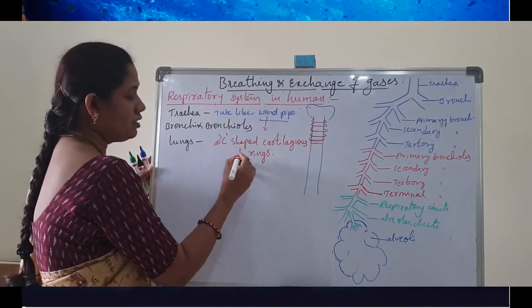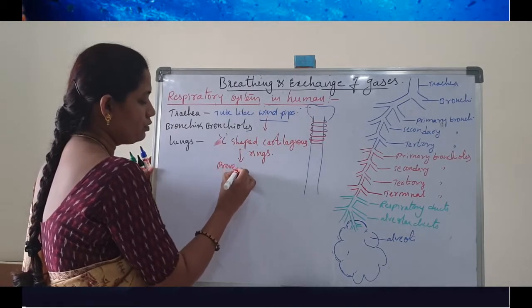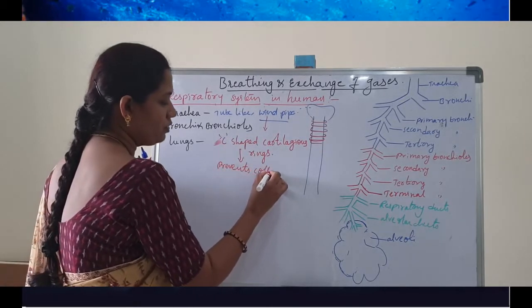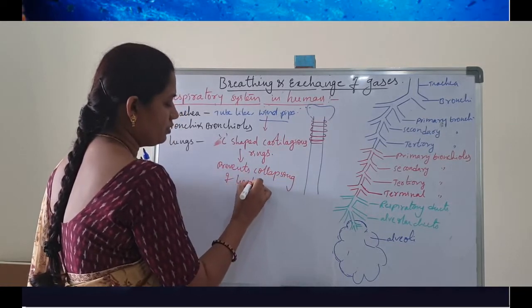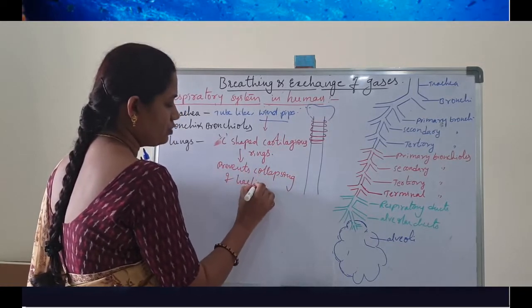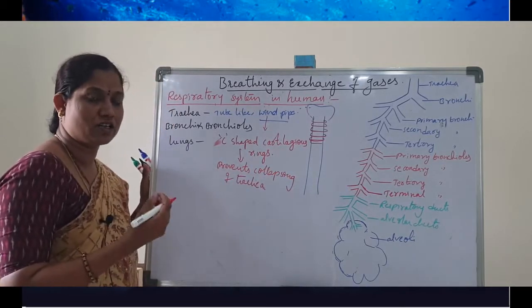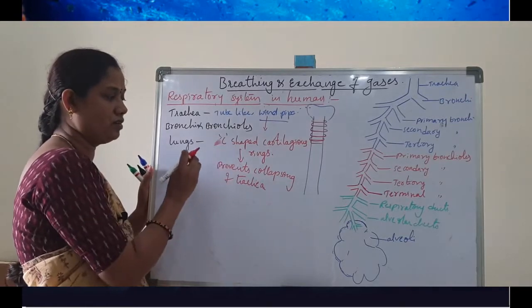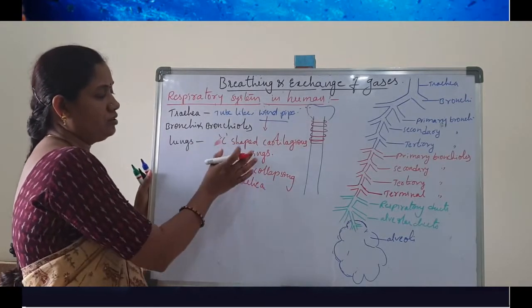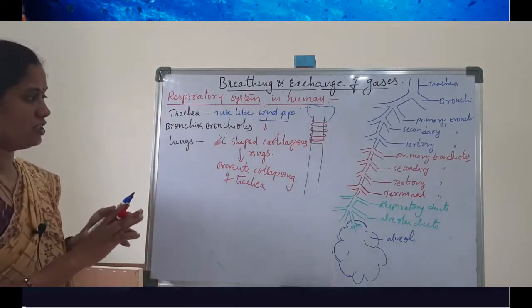These rings help to prevent the collapsing of the trachea during inspiration and expiration. So this is about the C-shaped rings.